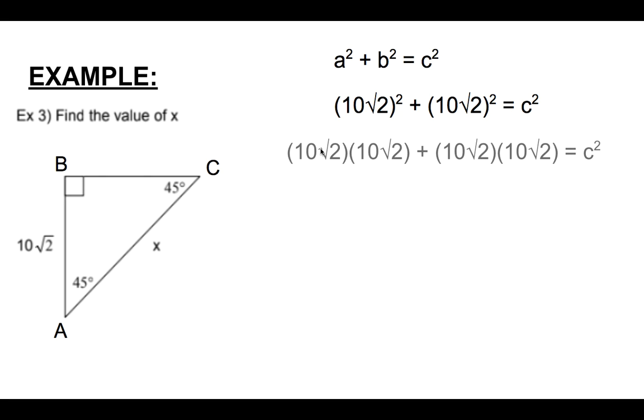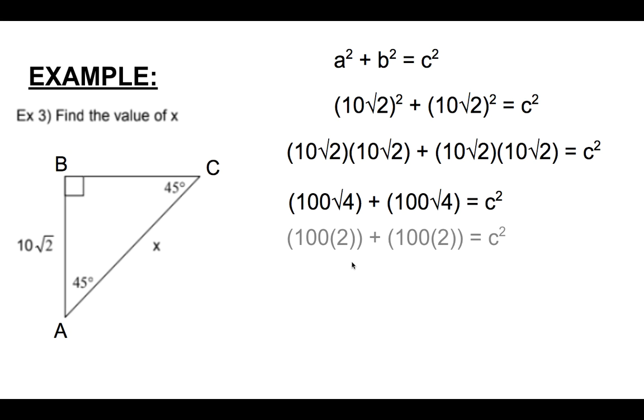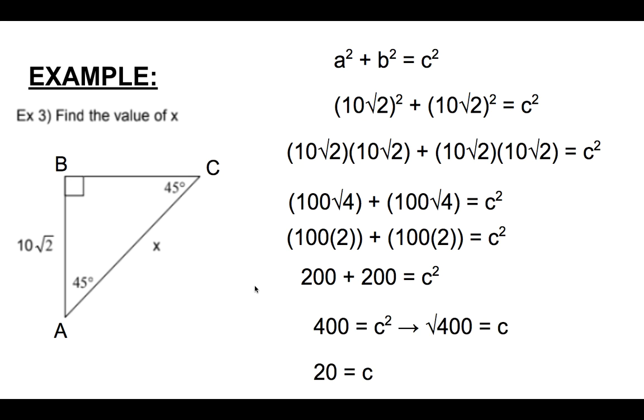That's like saying 10 square root 2 times 10 square root 2. So I just went and expanded that out. And then 10 times 10 is 100. Square root of 2 times the square root of 2 is the square root of 4. Remember, the square root of 4 is just 2. So 100 times 2 is going to give us 200. 200 plus 200 is equal to c squared. So 400 is equal to c squared. The square root of 400 is 20.